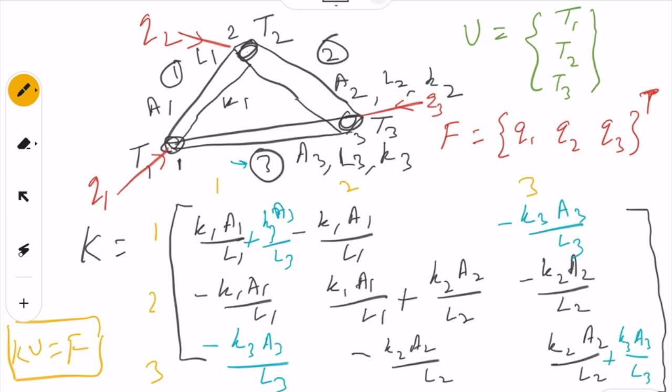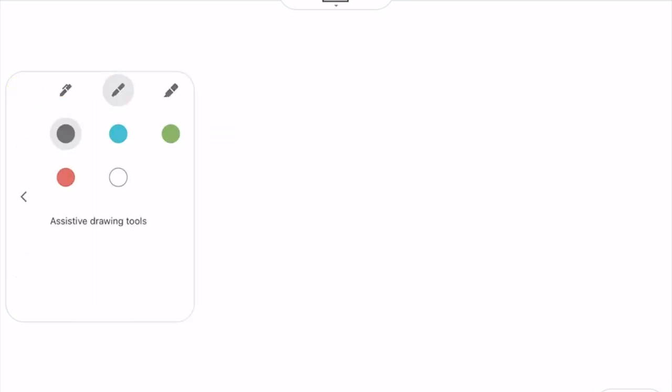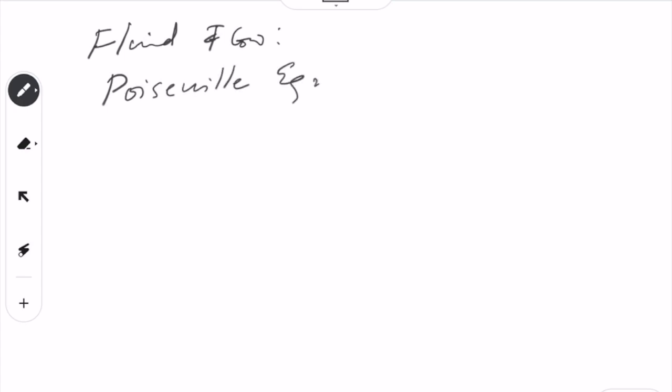Now let's look at different systems. We have already looked at heat transfer, so let's also show a fluid flow example. Let's look at the Poiseuille equation, or Poiseuille flow, through a circular pipe.